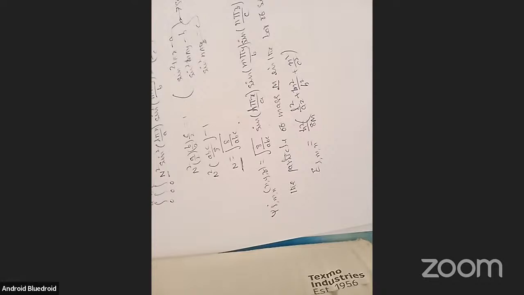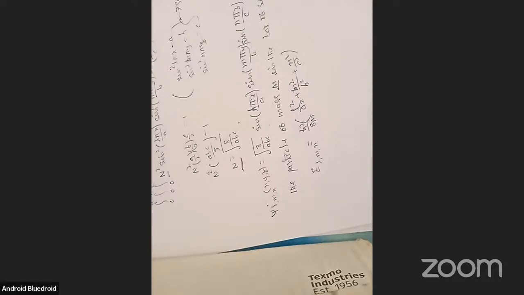The lowest quantum number is l equal to m equal to n equal to 1.